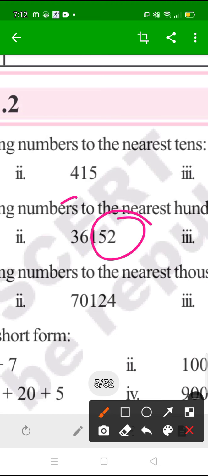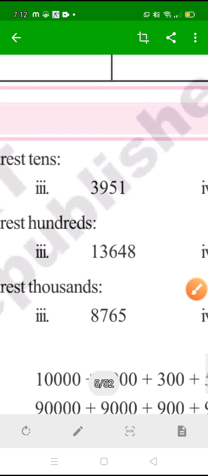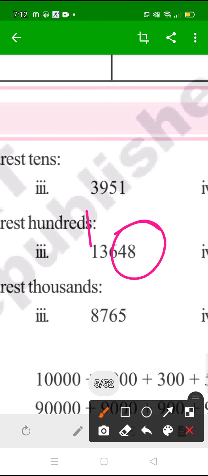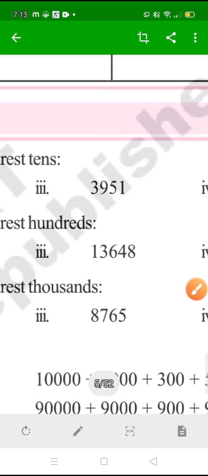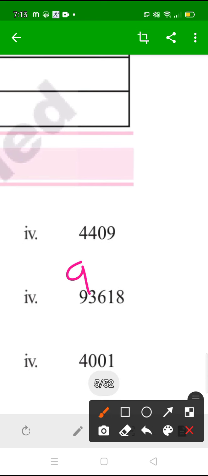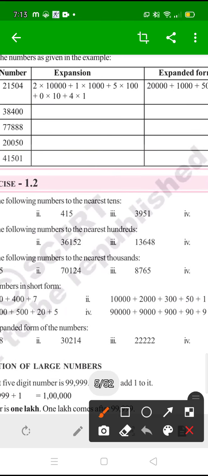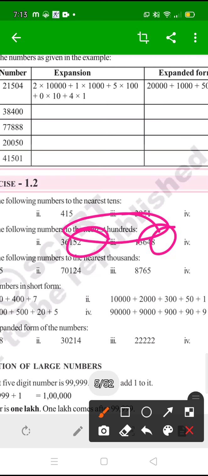This is nearer to 150, so 36,150. 648, 13,650. Next, 33,620, because in the question they asked about the nearest 100, so look at only hundreds values and round the values.